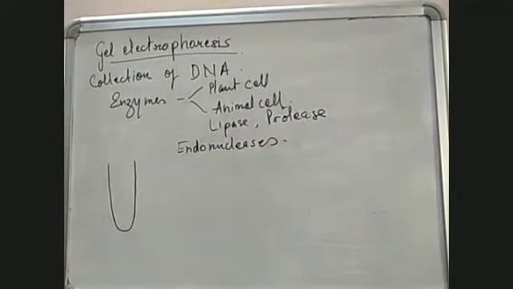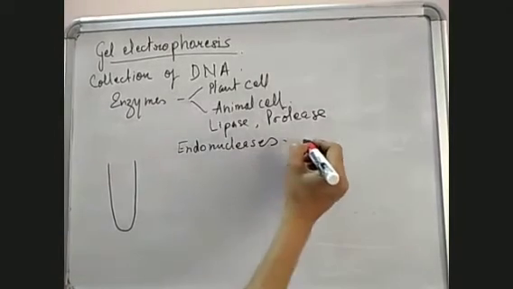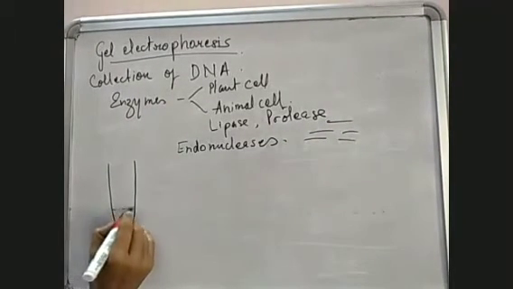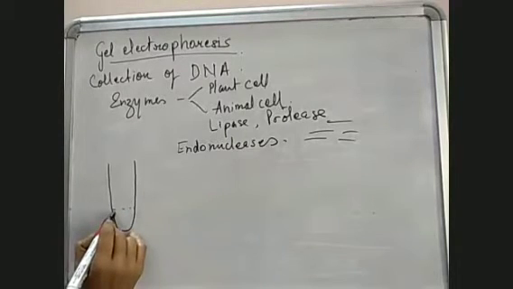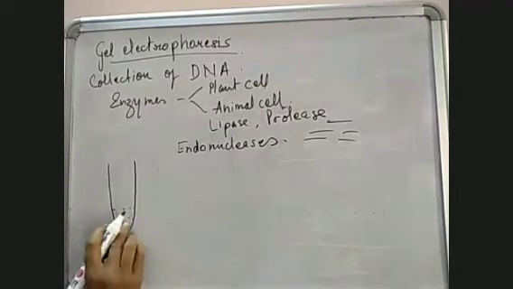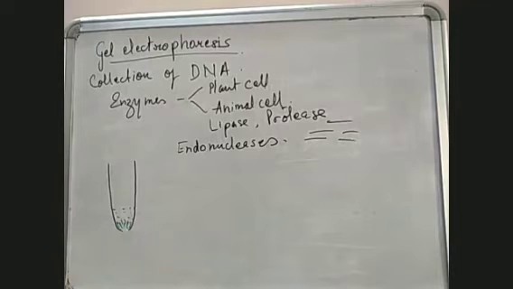Endonucleases are used to break them down into small pieces of different lengths, and then it is taken along with that chemical in a test tube. So now from this, how will we collect the fragments of DNA? Suppose these are the fragments of DNA which we have made by using endonucleases.